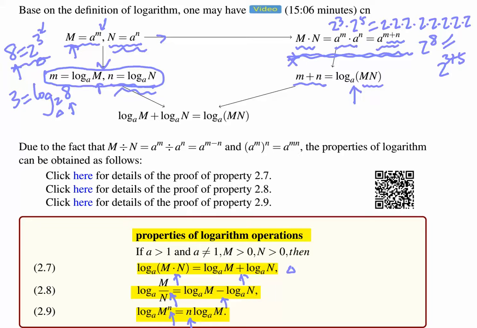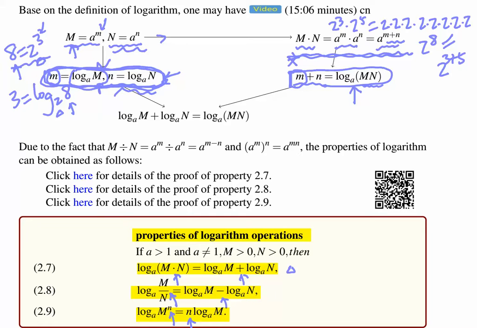If we put this one and this one together, what do we get? Look at this little m. We may replace this little m by this one because they are equal.